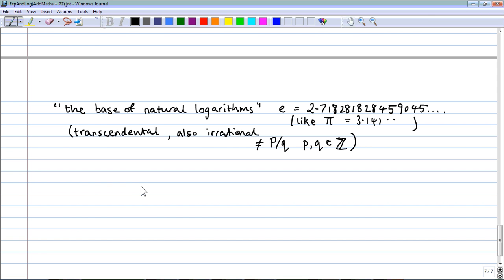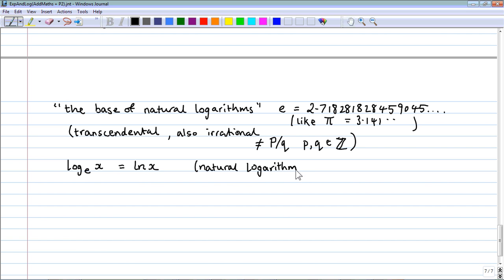So before I say any more about e, let me just point out that logarithms can be taken to base e, so log base e of x, and this function is written ln x. ln means natural logarithm, although it's ln not nl, but it means natural logarithm.